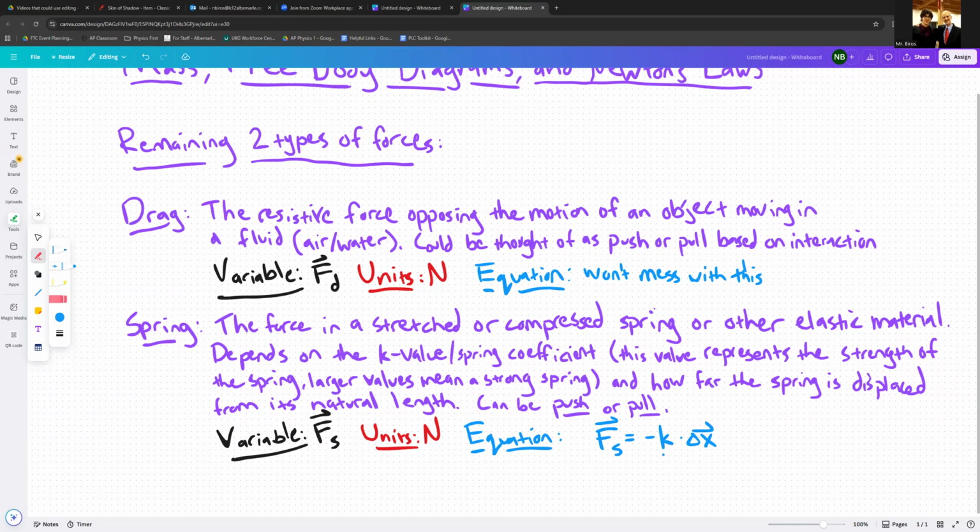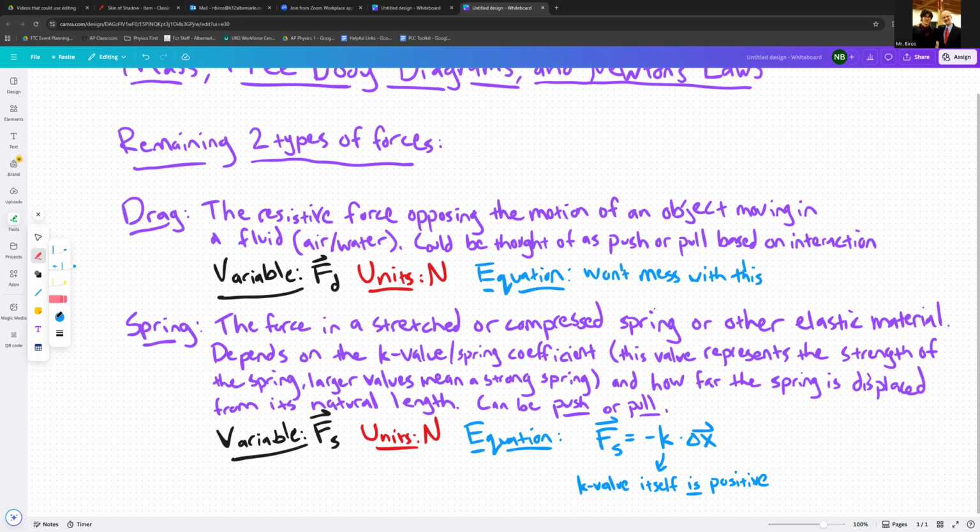Now, there's a couple things that are important to point out here. First is K itself. There's that K value we talked about. The K value or spring coefficient. That's what this is. And the K value itself is positive. So all K values we run into for any spring, no matter what, even if you get a really weak one with a K value of 8, or a really strong spring with a K value of 3, 4, 500, something like that, they will all be positive.